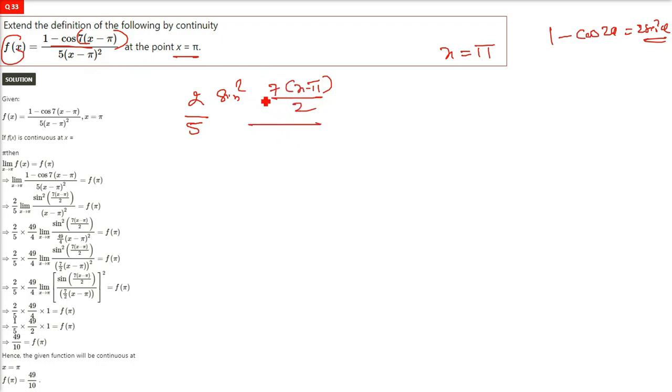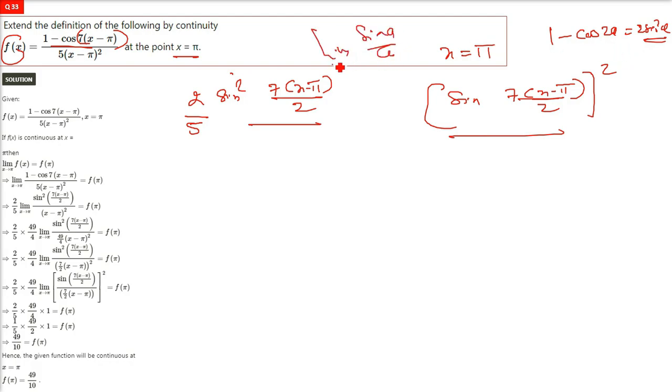See, sin square, whatever is 7 by 2, don't worry about that. It can be remembered as 7x minus pi by 2 whole square. And we need x minus pi in the denominator's whole square, which is already there in the question, but 7 by 2 is not there. Because sin theta by theta is going to be 1 when we apply the limit theta tends to 0.